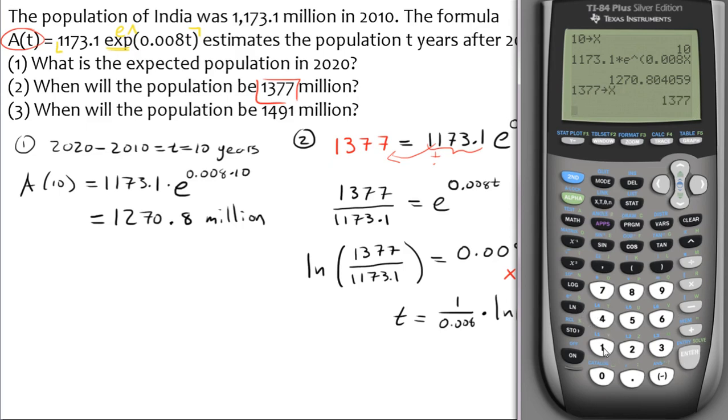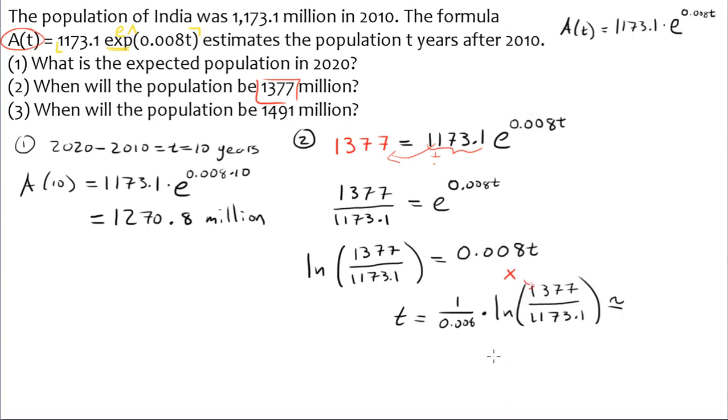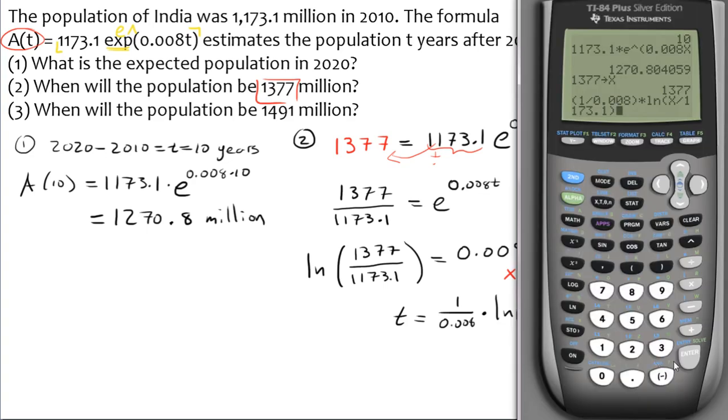So now I'll have 1 divided by that growth factor, 0.008, times the natural log of this ratio, x divided by 1173.1. Yep. Always worth it to double check. And we get 20.03, so we'll call it 20.0.